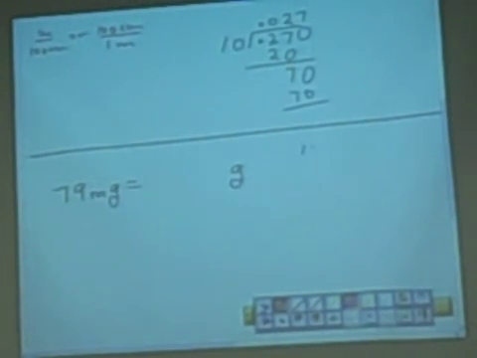So we want to know, all right, so here's our 79 milligrams over 1. And so do we want 1 gram over 1,000 milligrams? Or, yeah, that's what we want, right? Because we want the milligrams to cancel.